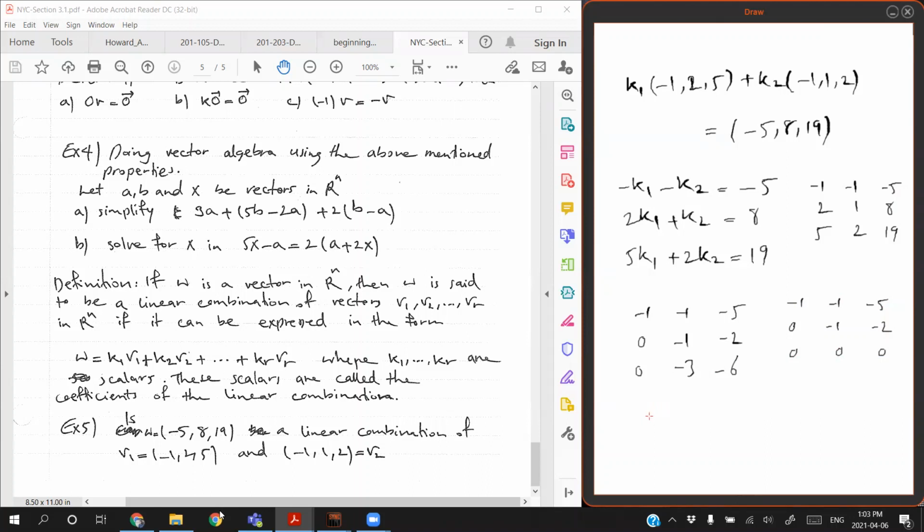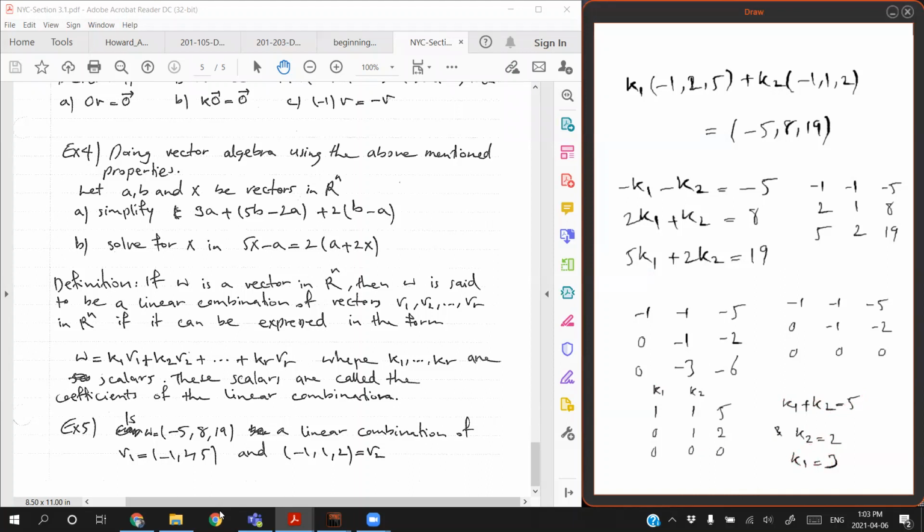And then if I multiply the first row by negative 1, I get 1, 1, 5, 0, 1, 2, and then 0, 0, 0. I can see that this column is for K1, and this column is for K2. K2 is 2, and K1 plus K2 is 5. That makes K1 3.